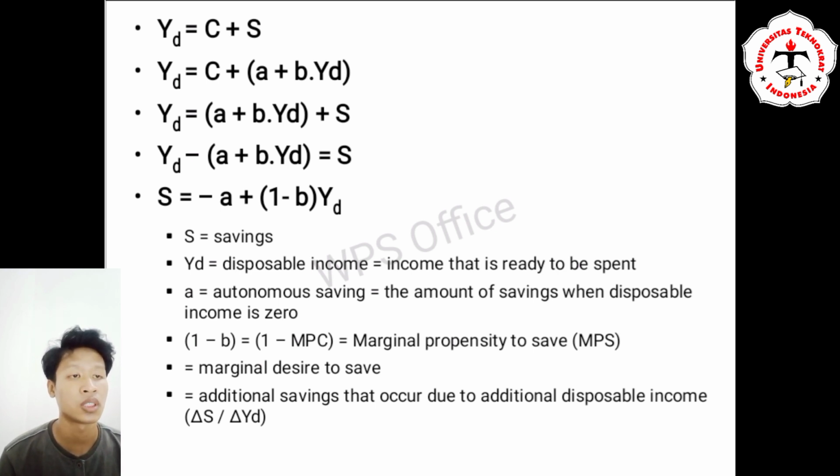S is for savings. YD is for disposable income, equal to income that is ready to be spent.